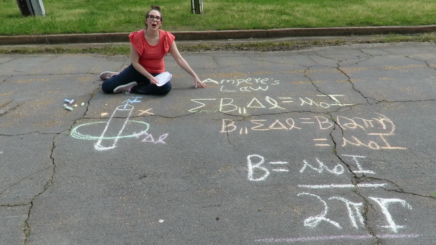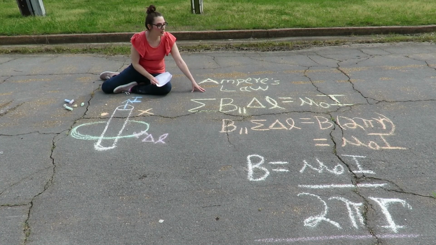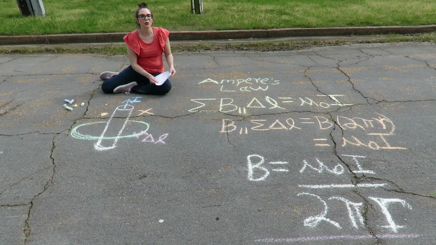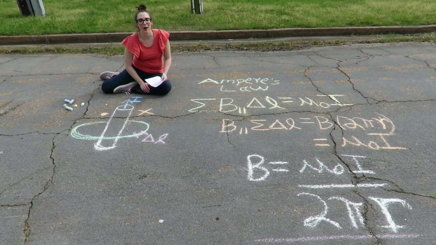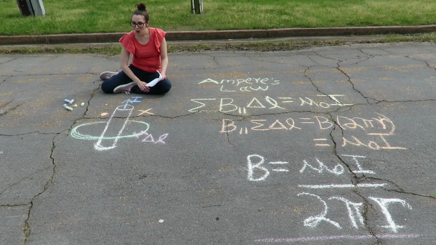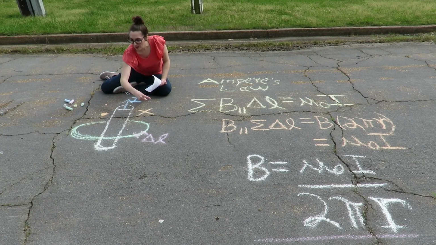We have a special law called Ampere's Law, which helps us figure out the magnetic field strength at some distance away from our current-carrying wire. Let's imagine I've drawn a circle around my wire here.